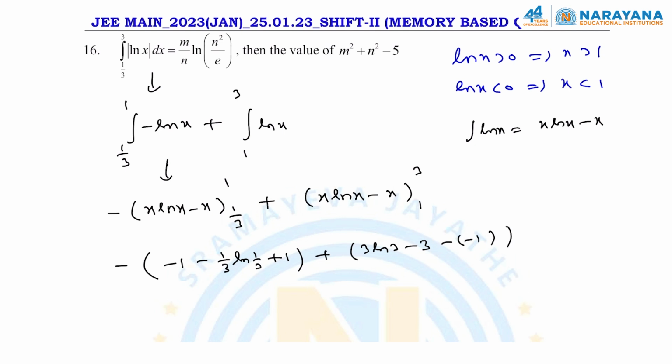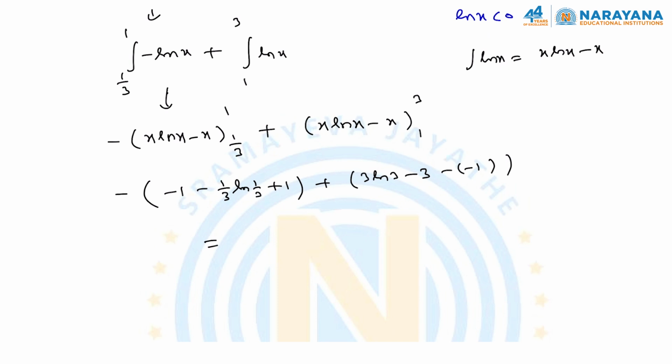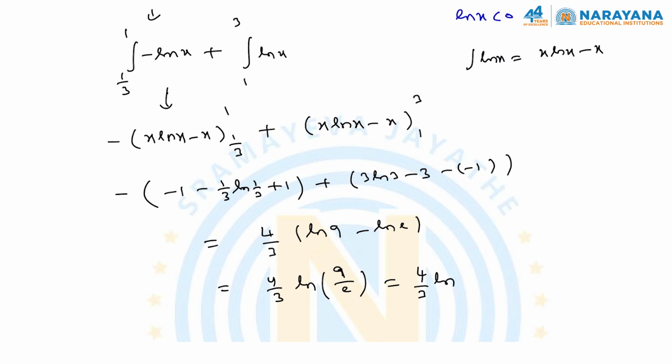So if you simplify this entire thing, you will get 4 by 3 times ln 9 minus ln e. So this is nothing but 4 by 3 times ln of 9 by e. So 4 by 3 times ln, this 9 can be written as 3 square by e.